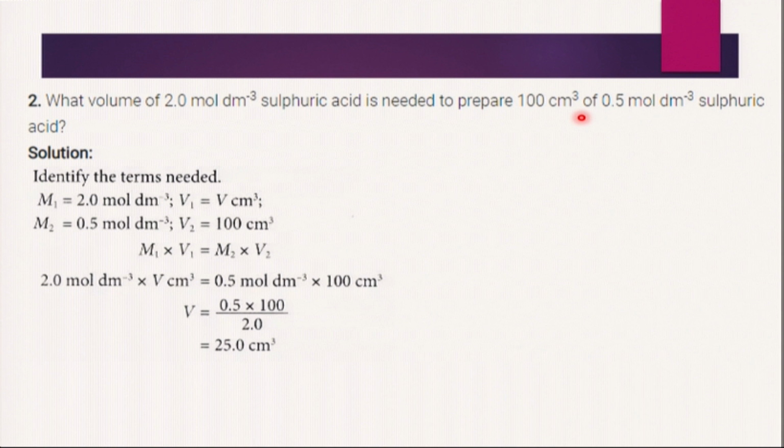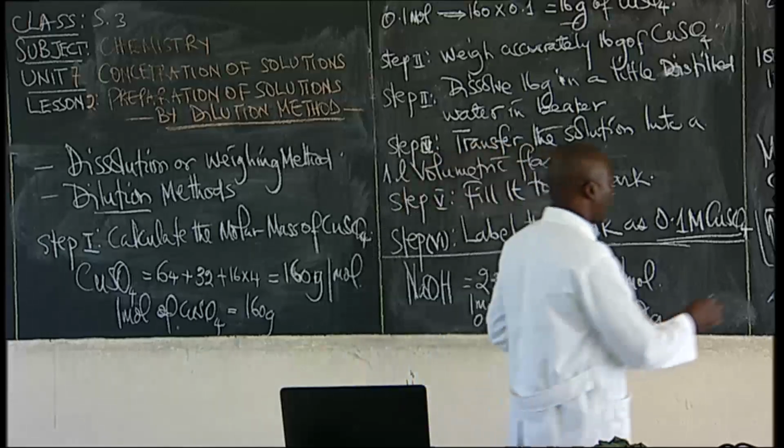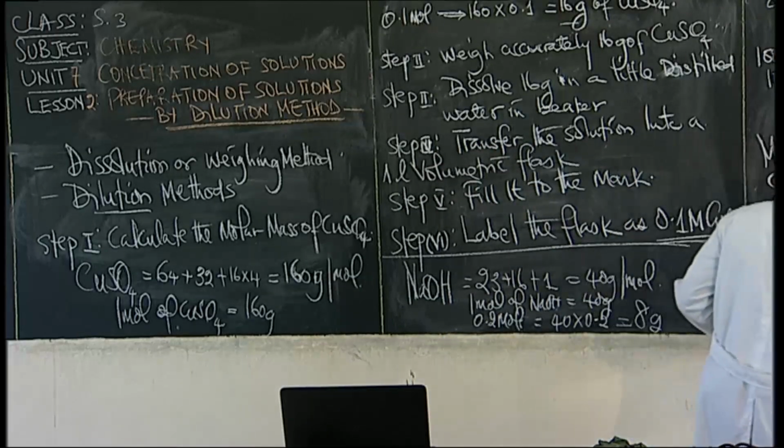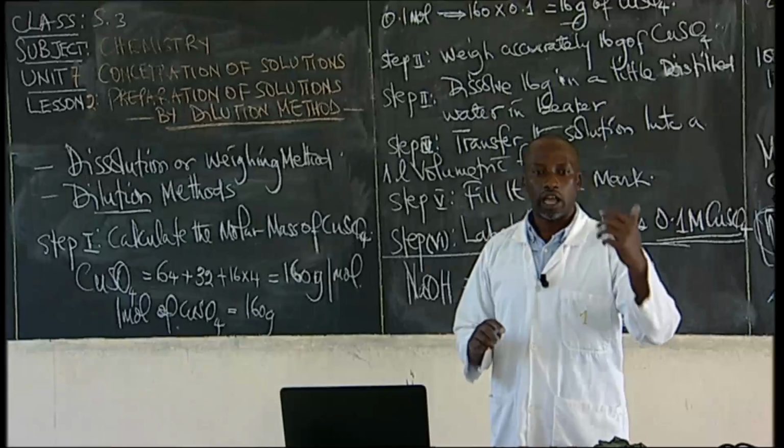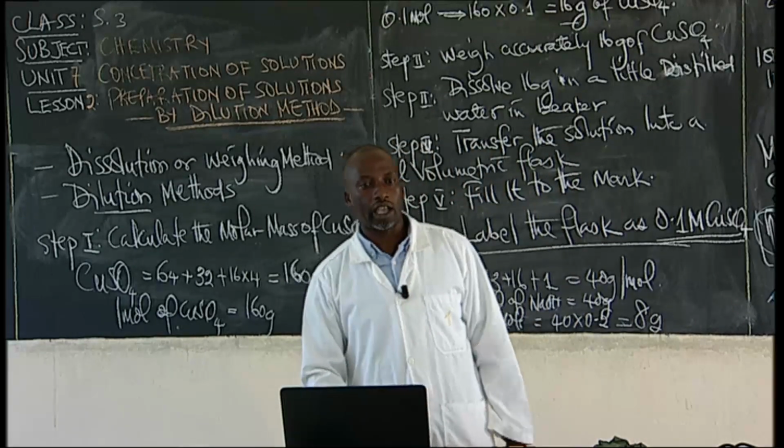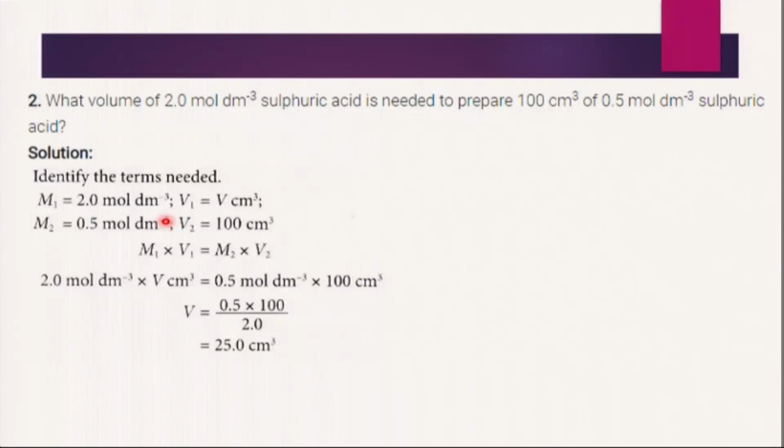The moment you are able to identify this, you know the V1 and M1. For example here, M1 is 2 molar because that is the concentrated acid. V1 is not known because that is the volume that we are asked.